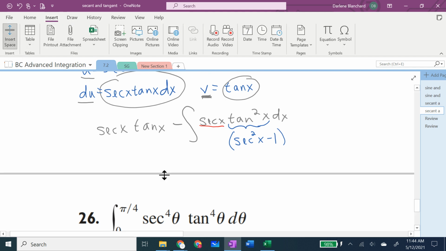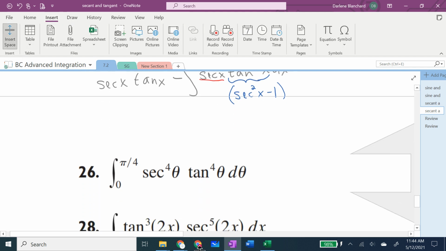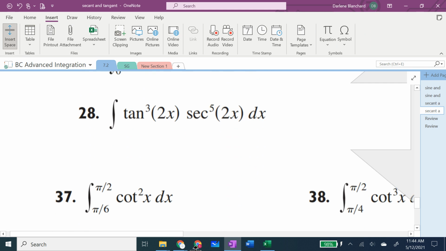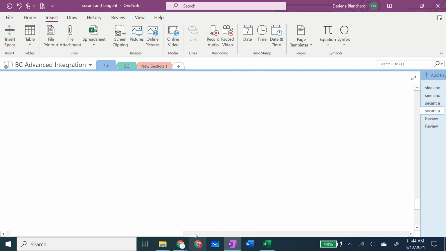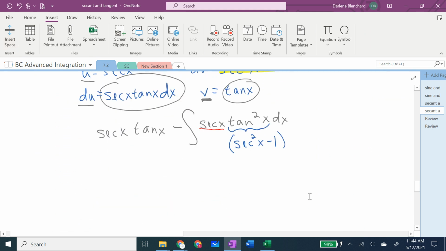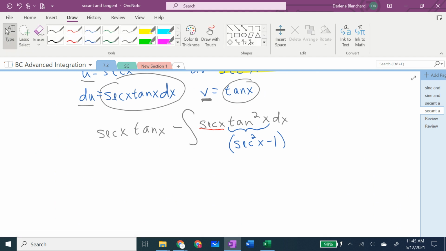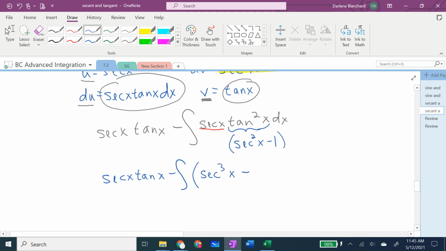And let me insert a lot of space. Okay. So now I have secant x times tangent x minus the integral of. Distributing, I end up with secant times secant squared and secant times 1.